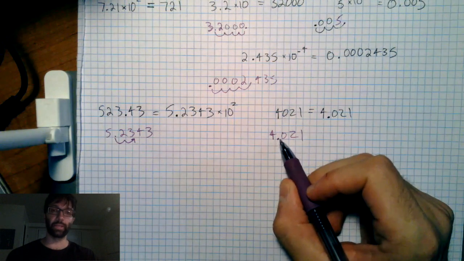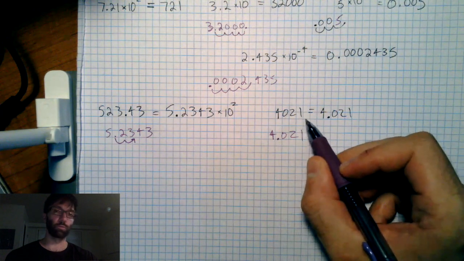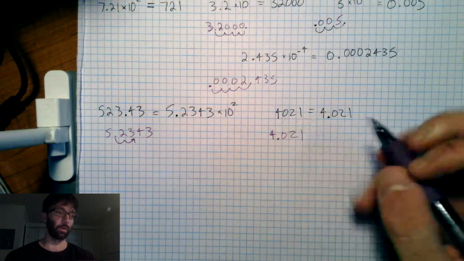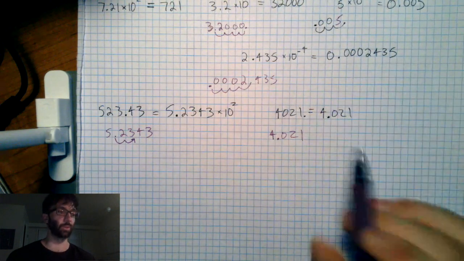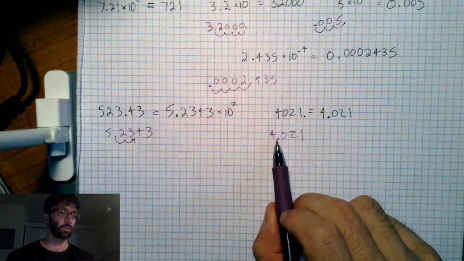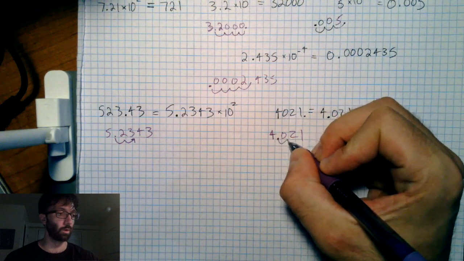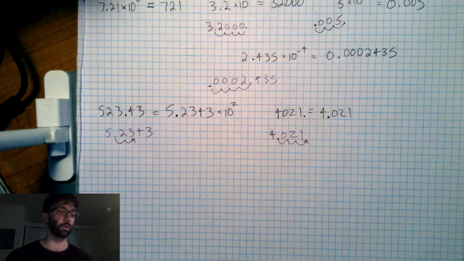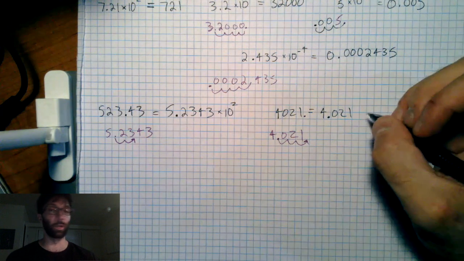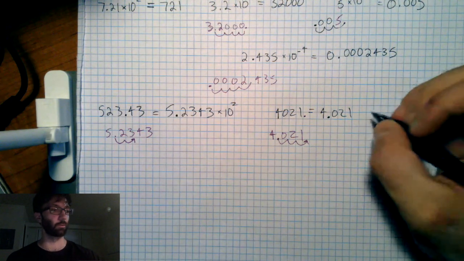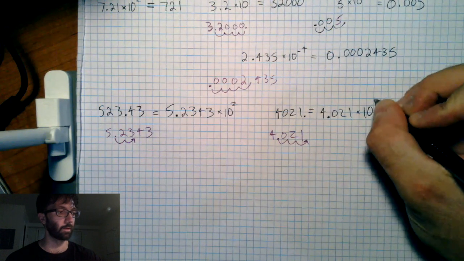Right, we've put the decimal here, but we know it really belongs at the end of the number. Right, and so how do we get this decimal to where it's supposed to be at the end? Well, we'd have to move 1, 2, 3 to the right. And so the way we move the decimal 3 times to the right is by multiplying by 10 to the third.